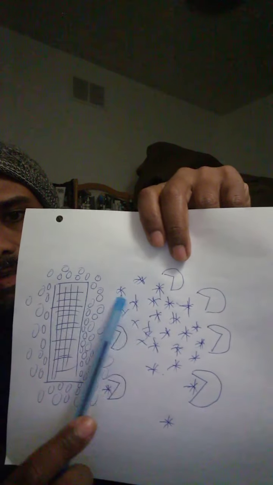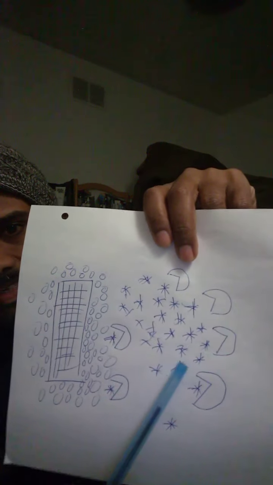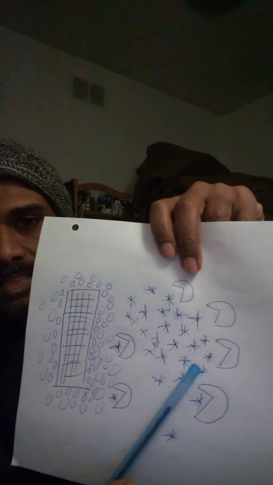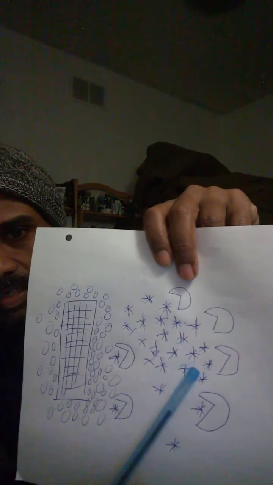More and more glucose. So there is now more and more glucose accumulating. You see the glucose amount has increased. And since there is more and more glucose accumulating, the body will secrete more and more insulin.